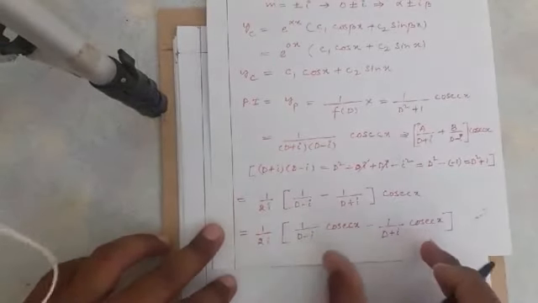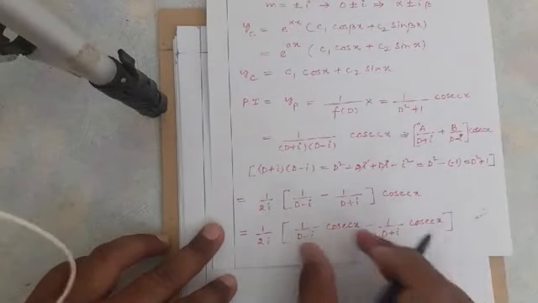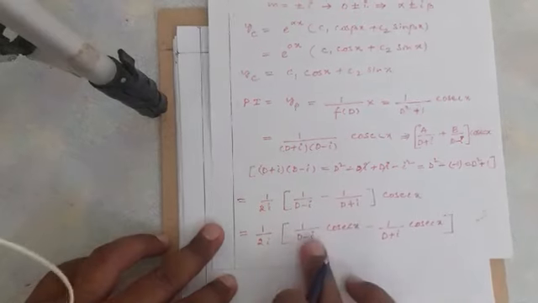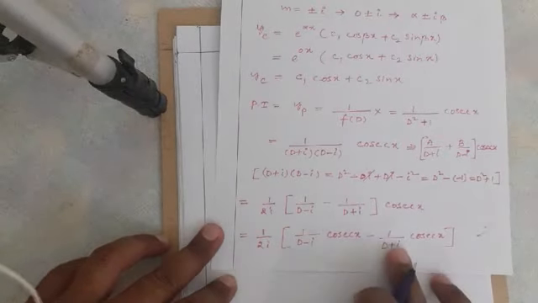In the next step, now here you can see we have two terms, this term and this term. So first I am finding this term, and then I find the other term.